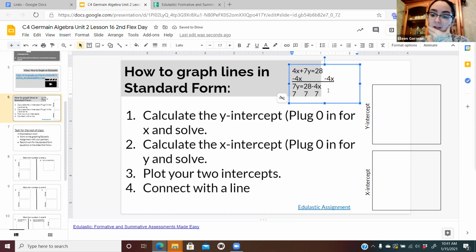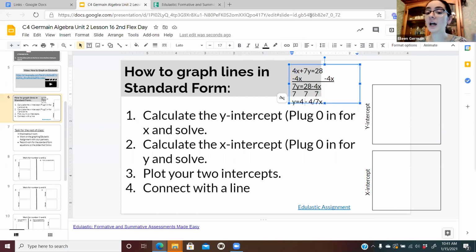You would be left with y is equal to 4 minus 4 sevenths x. So that's one way that if you're given a standard form equation, you can graph it: convert it to y equals, plot your intercept and use your rise and your run.